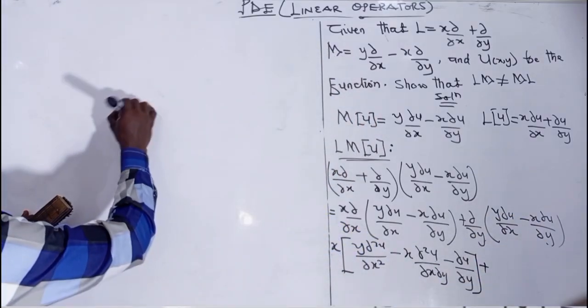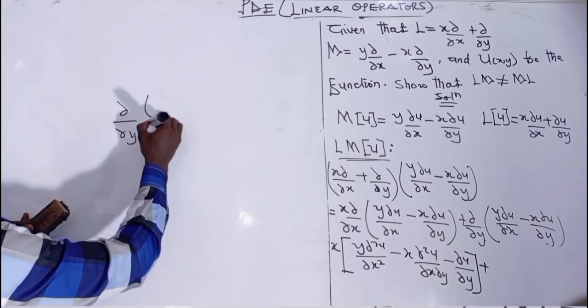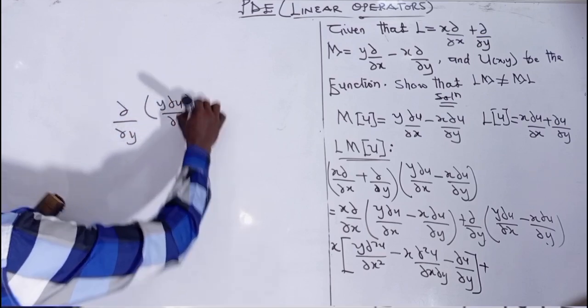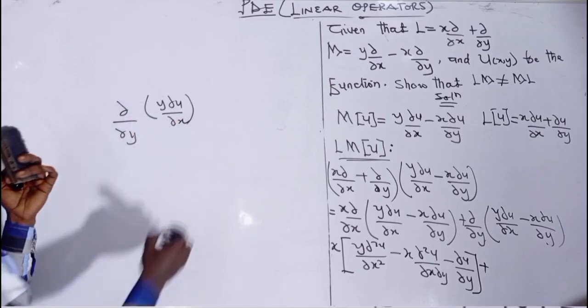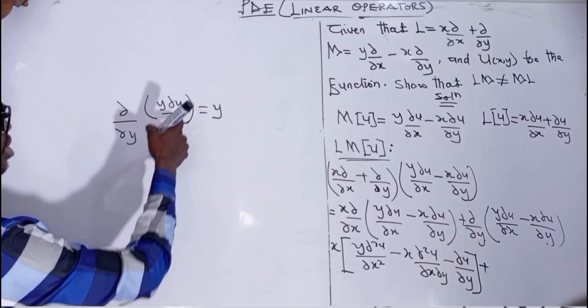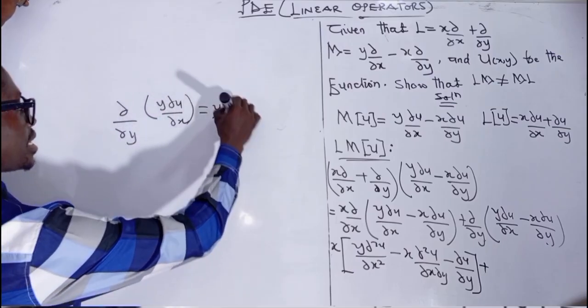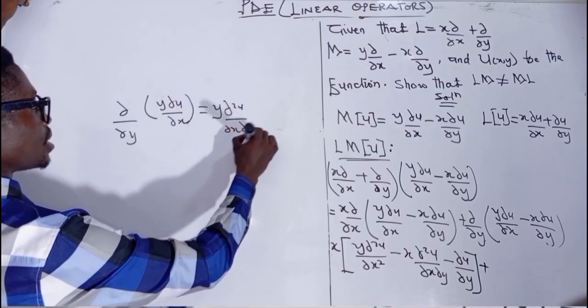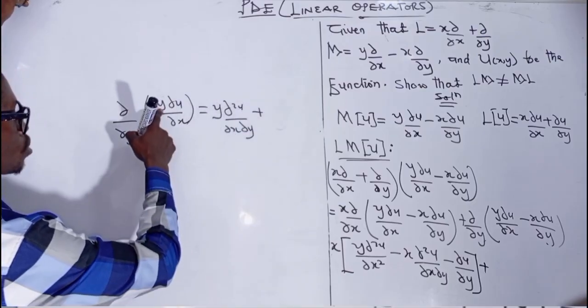Y. So we have ∂/∂y, and then we are differentiating y ∂u/∂x. So we're also going to treat this as a product rule. We keep the first function, which is y. We differentiate ∂u/∂x with respect to y. And that is going to give us ∂²u/∂x∂y. Then we have plus. We kept y, right?